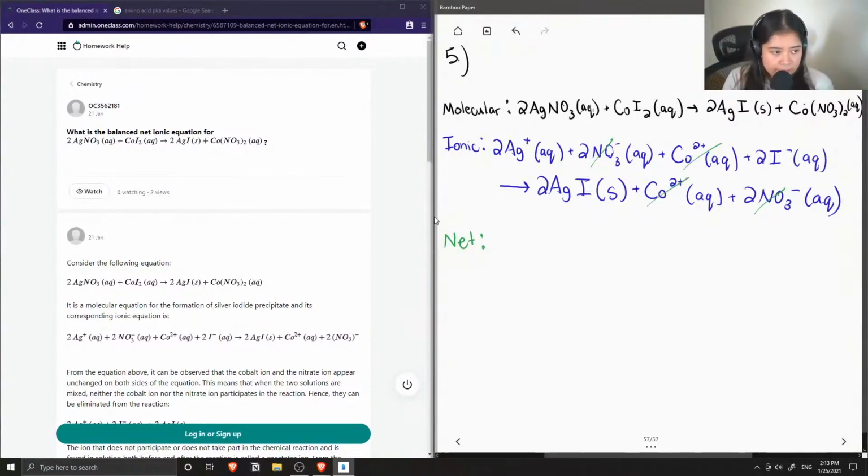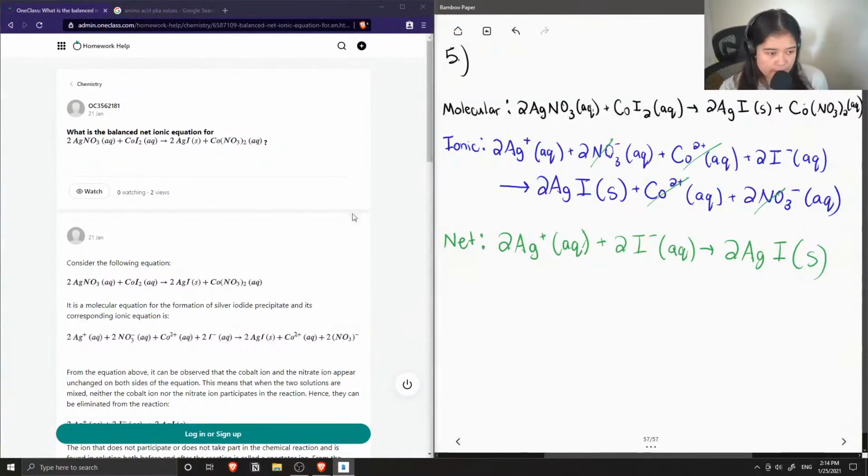So now when we write out our net ionic equation, it's going to be 2 silver plus aqueous plus 2 iodide makes 2 silver iodide solid.